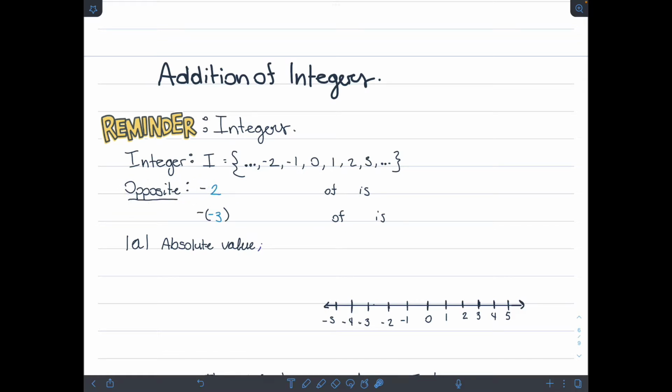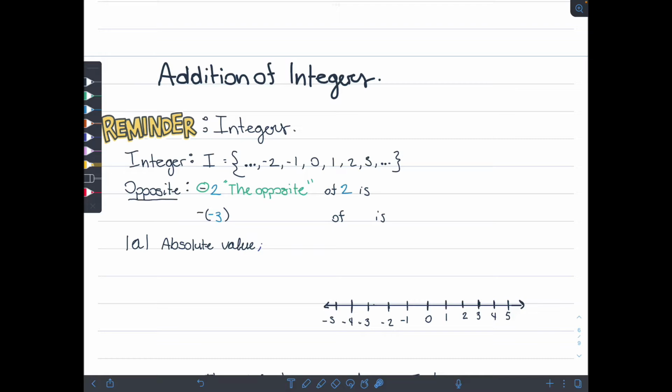The opposite, or well, what this negative sign means. This negative sign here essentially says the opposite of the number that's next to the minus.